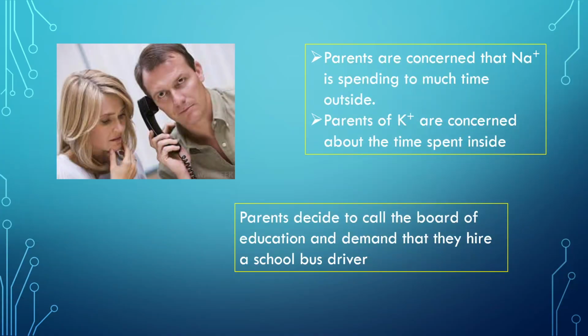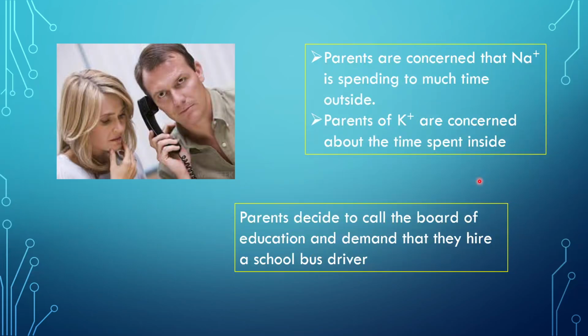But what would a school be without a PTA? A bunch of crazy parents who are concerned about sodium, that they're spending too much time on the outside. And then you got parents of potassium, they're raising hell. They're concerned about the time that's spent inside.